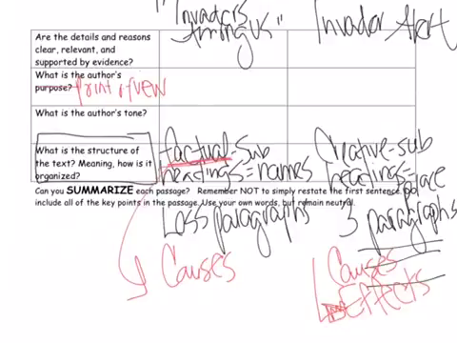In Invaders Among Us, the author chose to use the third person point of view. No I, no me, no my, and most importantly, no you, no your. And the reason why somebody would use the third person point of view would be for an informative article like this one is. It is more formal.